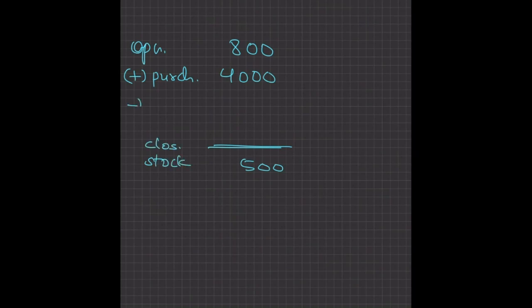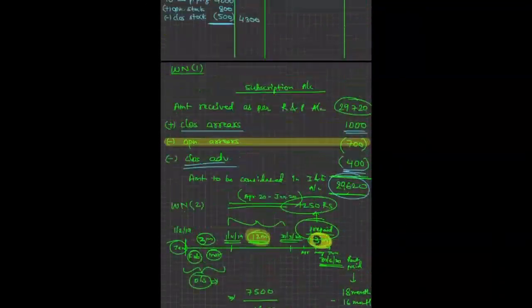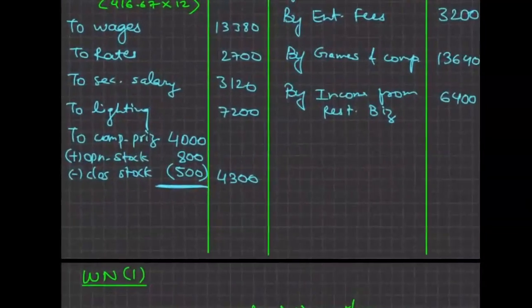So obviously you have expensed off the balancing figure. So I would say 800 plus 4,000 minus X is equals to 500. Just do the mathematics. You will get to know that X is equals to 4,300. Okay, that you need to expense off in the current year that we have done.